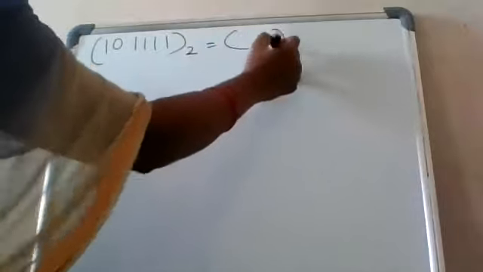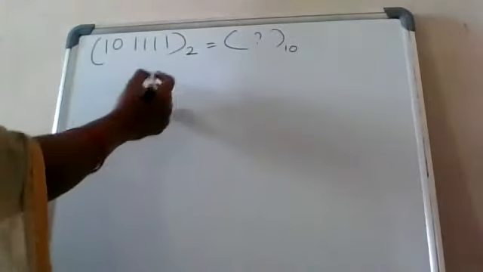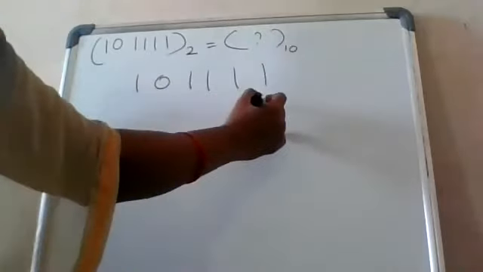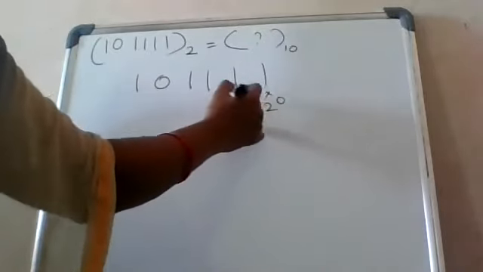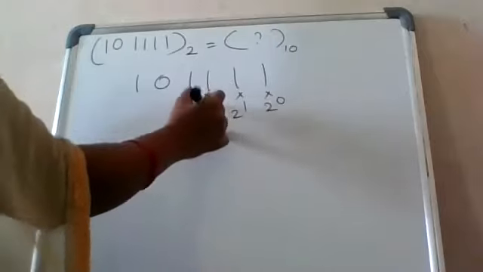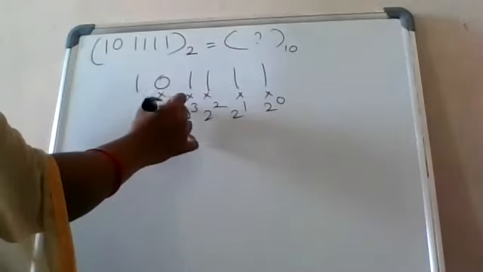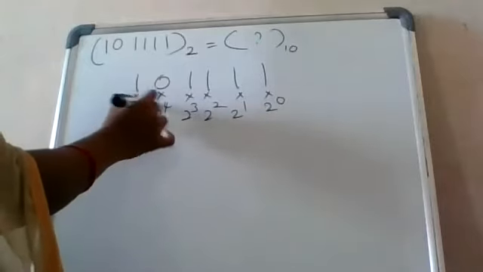Base 2. Multiply with 2 power 0, 2 power 1, 2 power 2, 2 power 3, 2 power 4, 2 power 5.